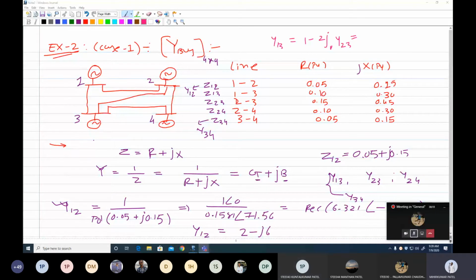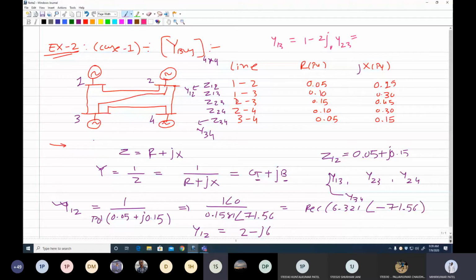Sir, the value of Y13 comes as 1 minus 3j. Yes, sir, 1 minus 3j. Why 13? Just check it again. 1 minus 2j is the correct answer.